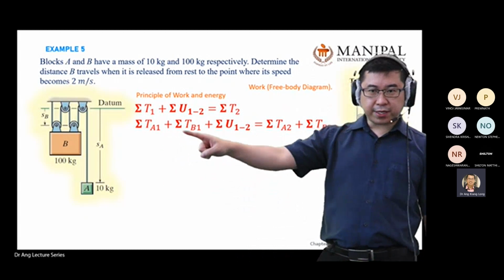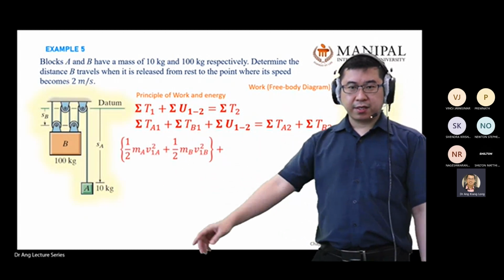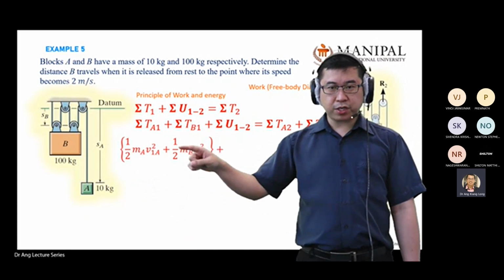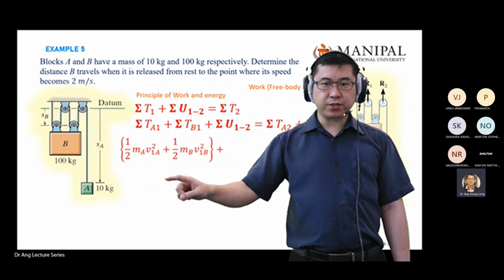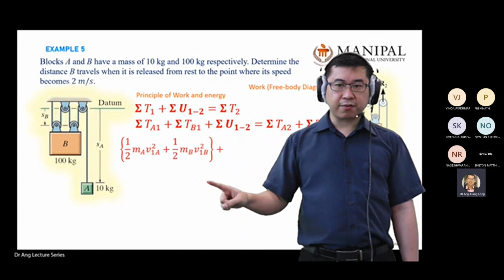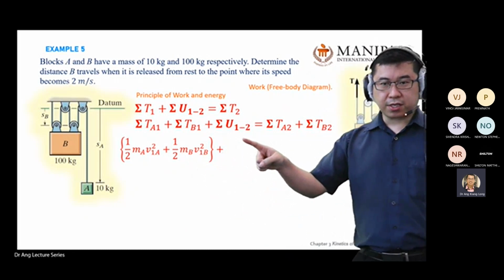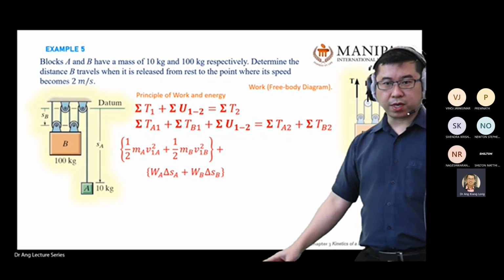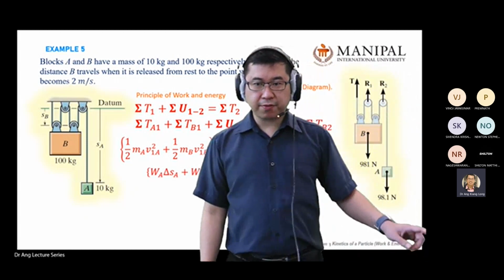So if you understand this equation, you're almost done. The rest is just expansion of the equation. You know the kinetic energy equation, half mv squared. So this one A, this one B, velocity A, velocity B, plus the displacement of this one, plus the work. So how many works do you have?